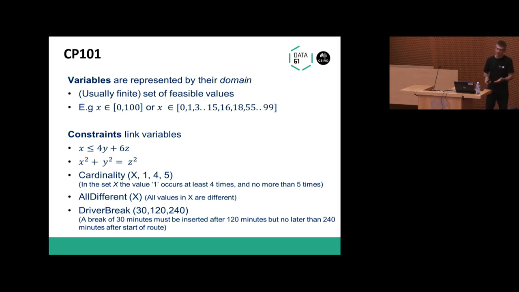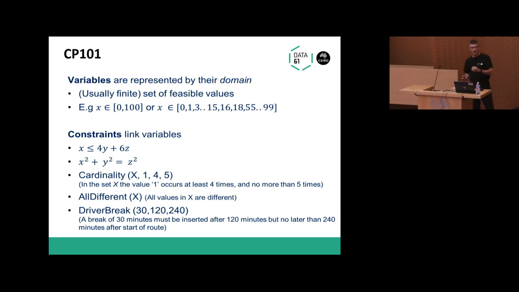You can have simple linear constraints like the first one. Nonlinear is fine; they propagate very well. And you've also got these things called global constraints. Those first two only used a fixed number of variables, 3 variables in each case.